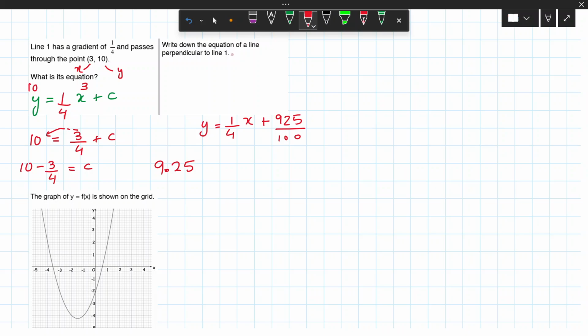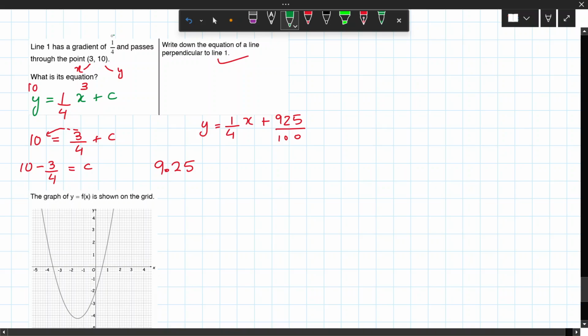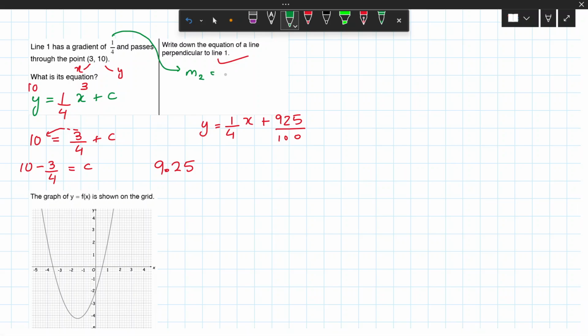Write down the equation of a line that is perpendicular to line 1. So nothing has been mentioned about the point. So the only condition is it just has to be perpendicular. So we know the gradient of line 1 is 1/4. Because it is perpendicular, the gradient of line 2 would be negative reciprocal of that. So you put a negative, flip that number, that'll be 4.